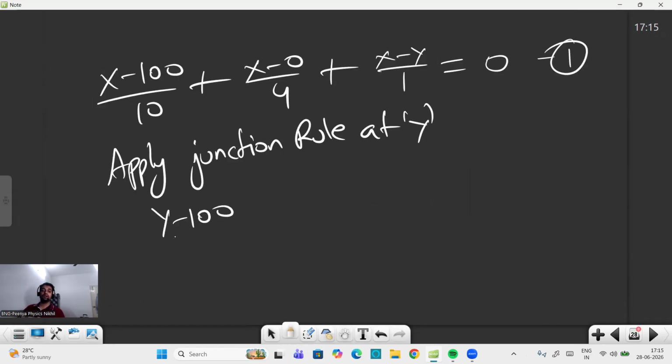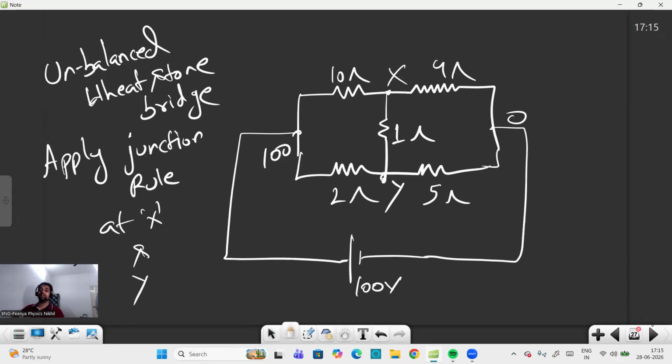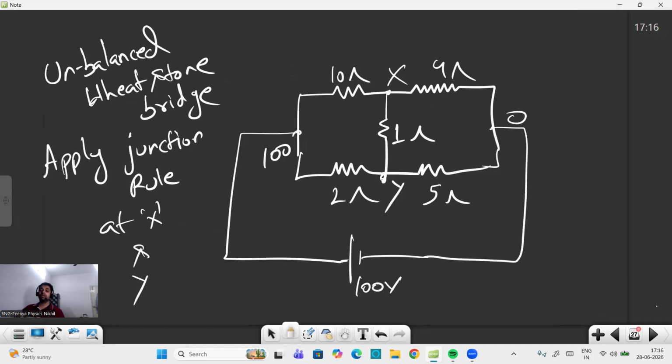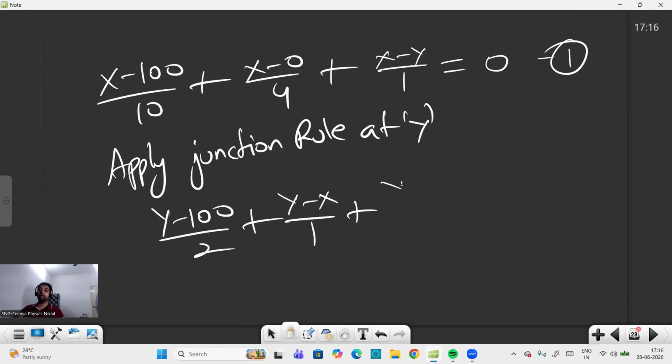Y minus 100 by 2 plus Y minus X by 1 plus Y minus 0 by 5 equals to 0. Like this, how many equations will you have? Two equations and two unknowns. So you will find the X and Y values.